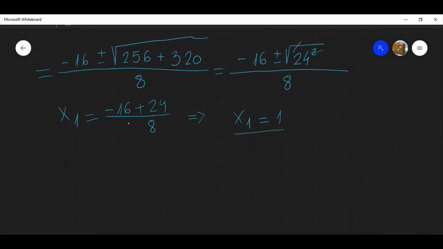And the second value, because here it can be positive or negative, now we have minus 16 minus 24 over 8, the value is minus 5.